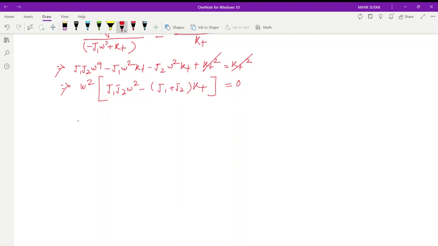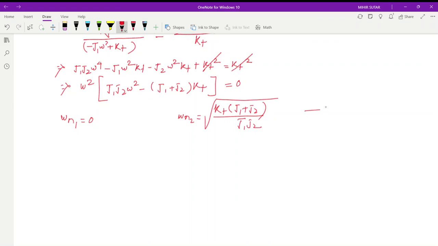So finally we'll have omega n1 will be 0 and omega n2 will be root over Kt times J1 plus J2 divided by J1 J2. Okay.